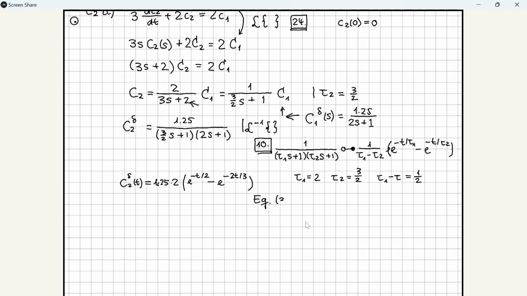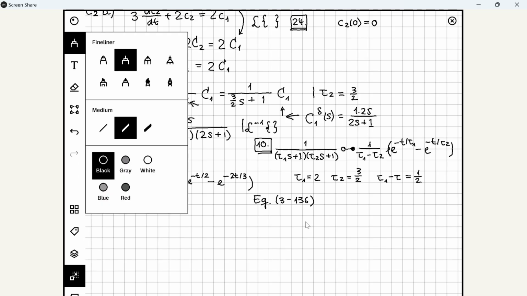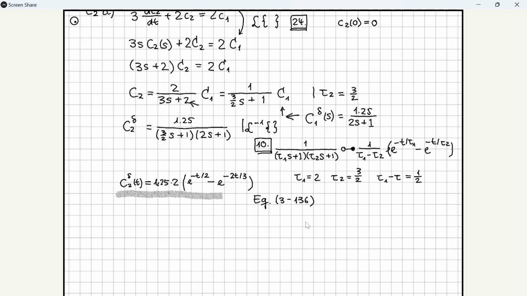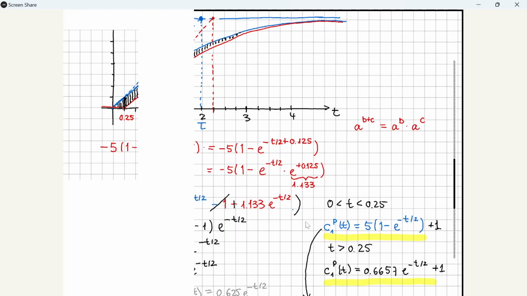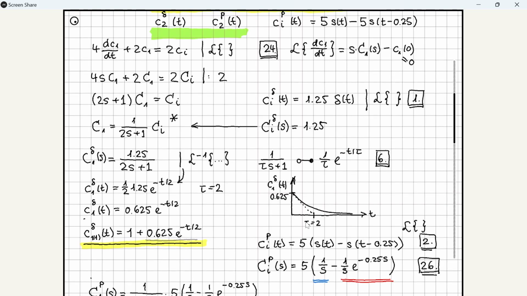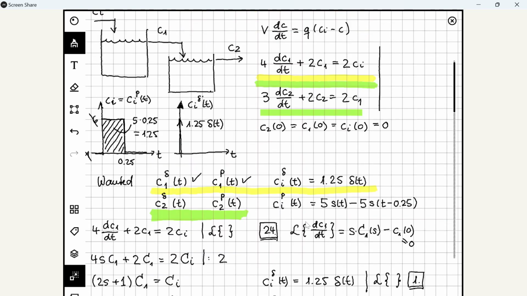In the textbook, it's 3,136. This is my equation for the first half. This is what I wanted to calculate. So I should take my highlighter and make this green. Yeah. And I can also go back up in my checklist and see what I wanted to do. Oh, we've done a lot.